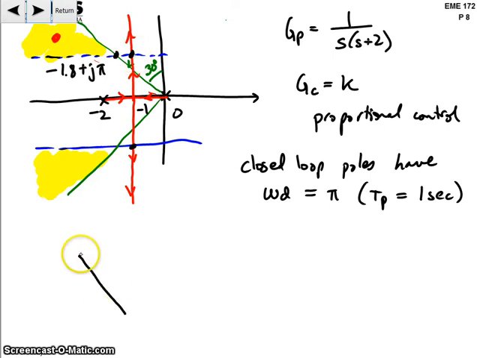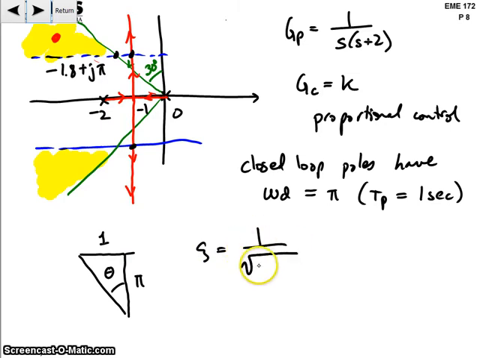So let's see, what I know is that this length here is 1, and this length here is pi, and this is the angle that I want to calculate, theta, okay? It turns out that zeta is equal to 1 over square root of omega d squared plus sigma squared.